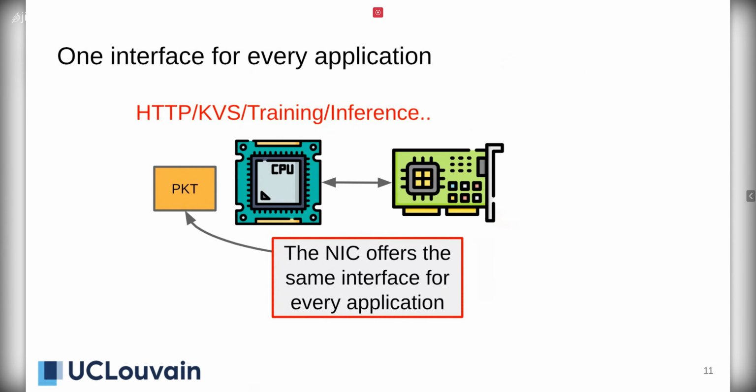But at the end of the day, you probably care about some networking application. Maybe you care about web, about cloud. Maybe you want to do AI training or AI inference. As Masoud said, in this case, networking is important because you still need to bring data from the network to the CPU. And if you just use the packetized interface, then the interface itself can be a bottleneck for your application.